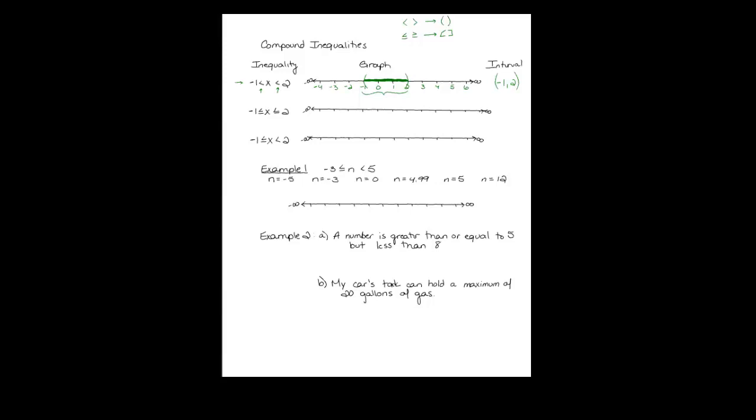Now for this next one, we have -1 is less than or equal to x is less than or equal to 2. The difference being here we will actually include the -1 and the 2 in our solution set. So filling out the number line, we have -4, -3, -2, -1, 0, 1, 2, 3, 4, 5, 6. I can squeeze a 7 in there.